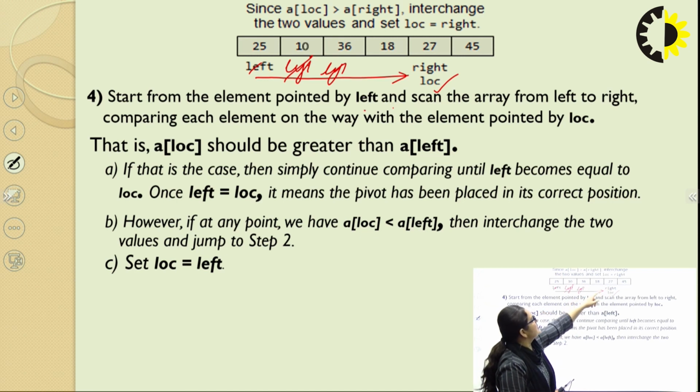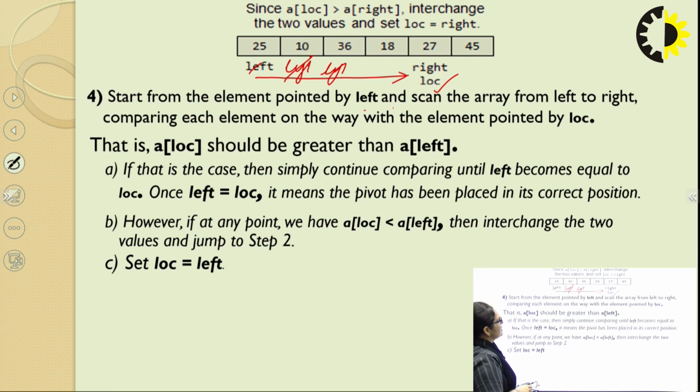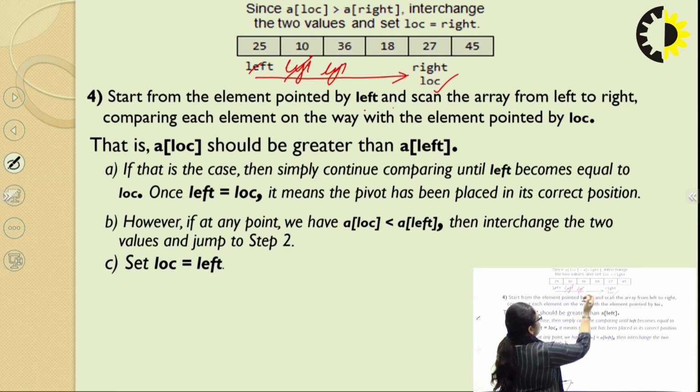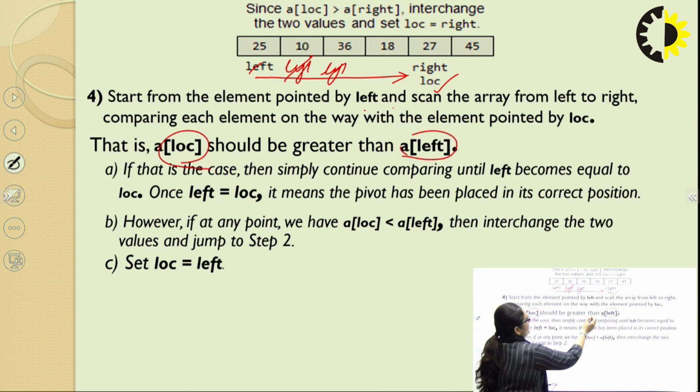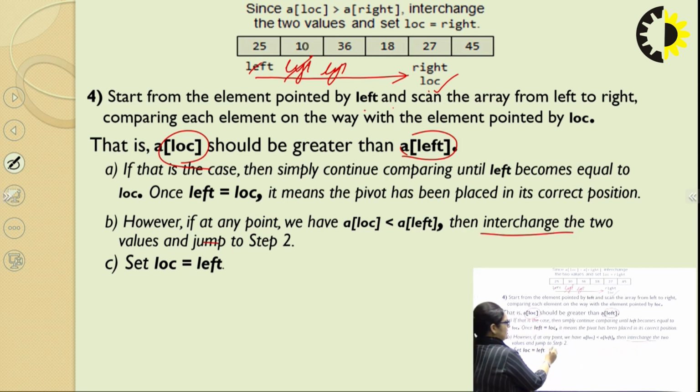So this is wrong. Our condition is not matching, because in step 4 A LOC should be greater than A left, but here A left is greater than A LOC. So what do we have to do? We have to interchange these two elements.